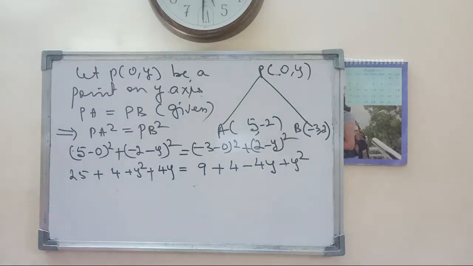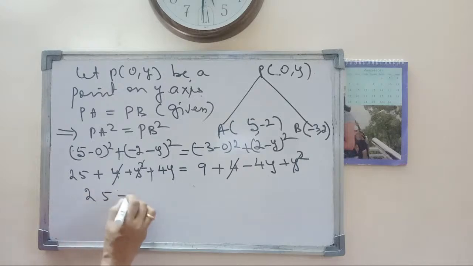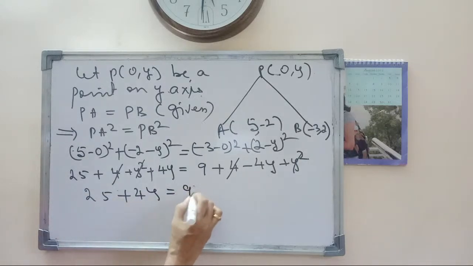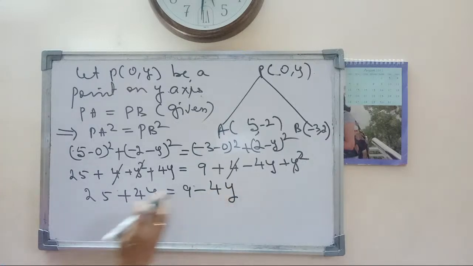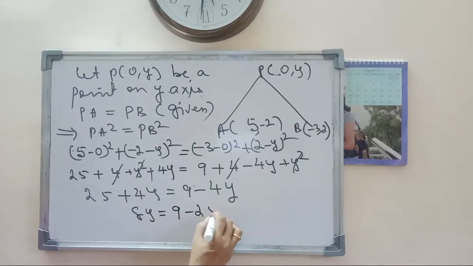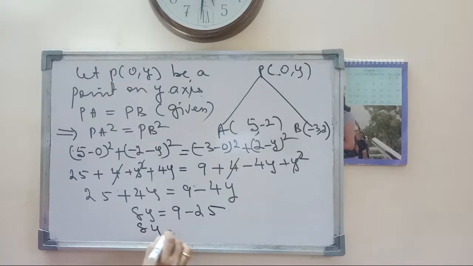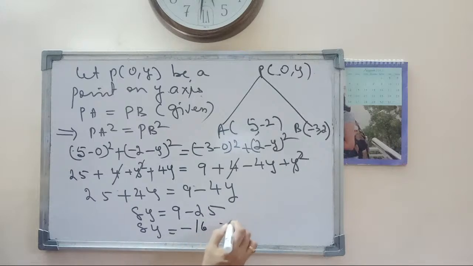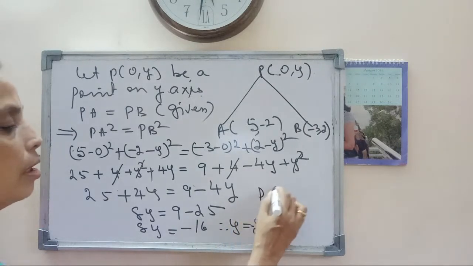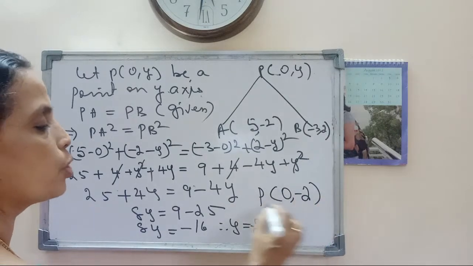So what will you get? y square gets cancelled, 4 gets cancelled. 25 plus 4y equals 9 minus 4y. I will transfer, it becomes 8y equals 9 minus 25. 8y equals, what is 25 minus 9? It is 16, so 8y equals minus 16. Therefore, y equals minus 2. That means the point on the y-axis is (0, -2).